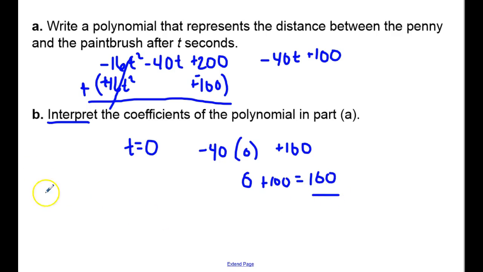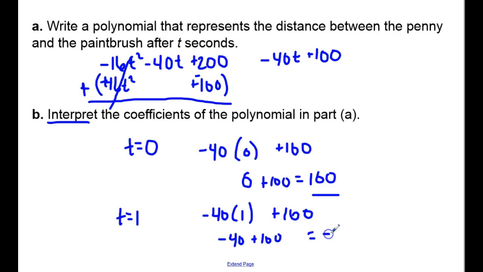Okay, so then let's try a t of 1. And try this again. Negative 40 times 1 plus 100. Negative 40 plus 100 gives me a positive 60. So the difference here is I'm now only 60 feet apart. So that tells me for every second that the objects fall, they get 40 feet closer.